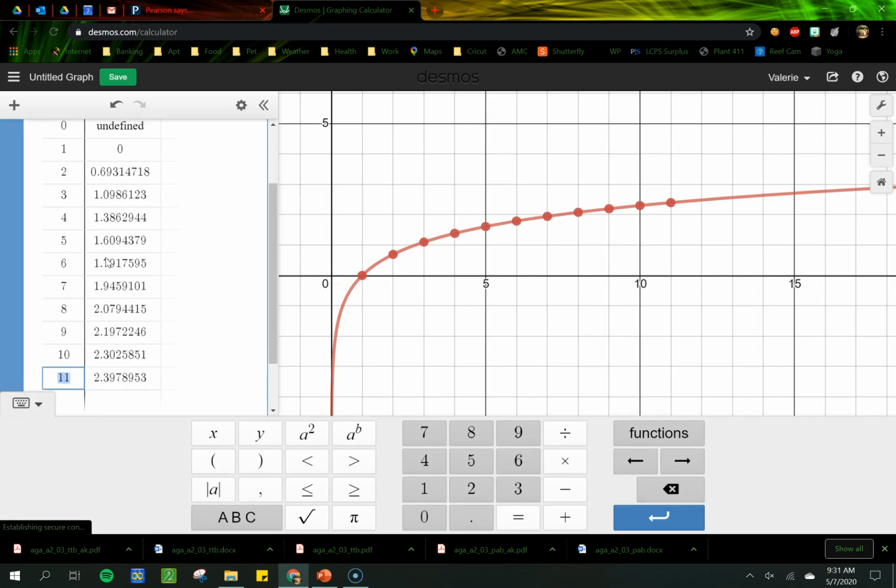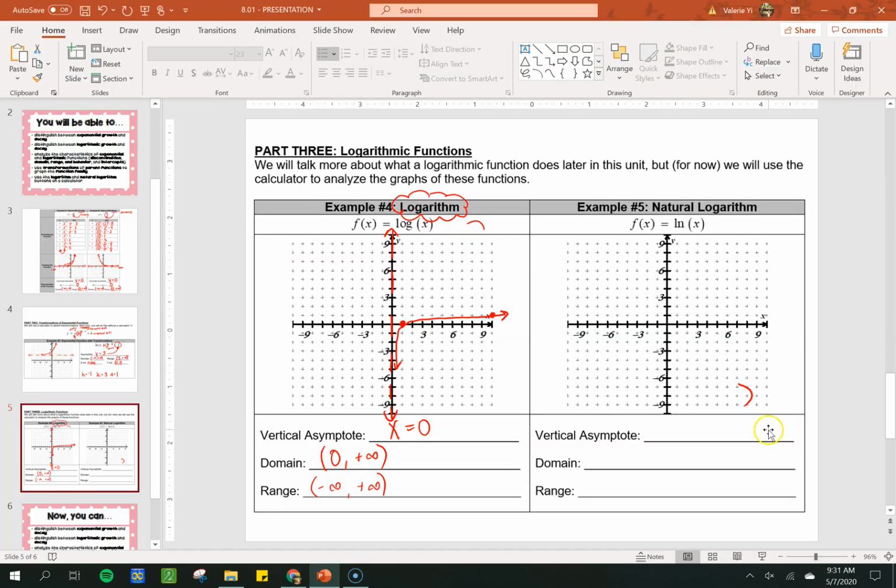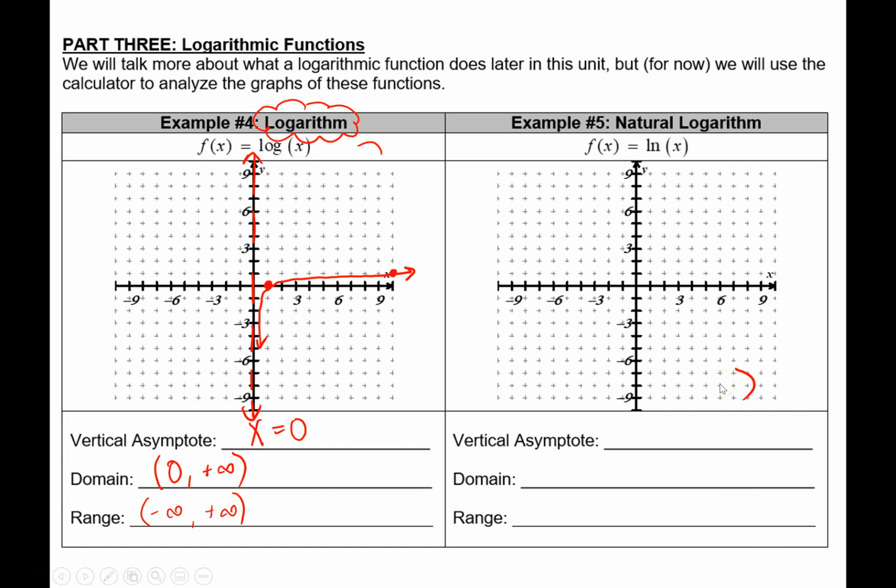It doesn't look like we have any nice numbers other than (1, 0), so I'll probably round a little bit between 7 and 8. Let's put that at 2. All right, so we had (1, 0), and then between 7 and 8 it was up at 2, so we'll put that there.